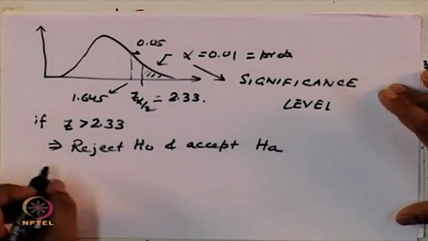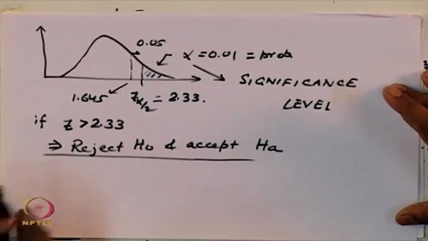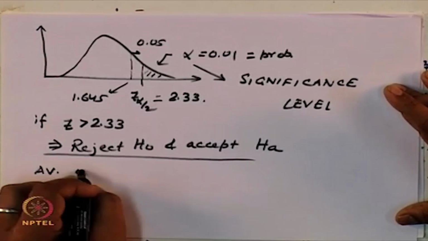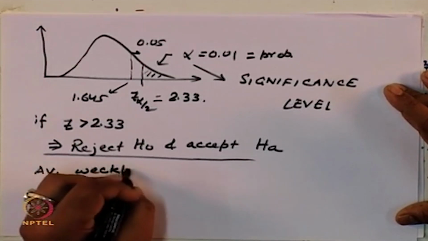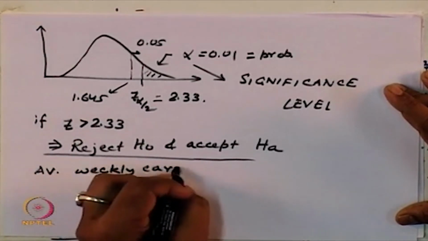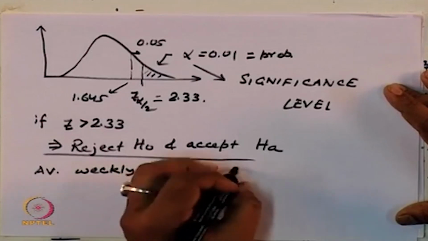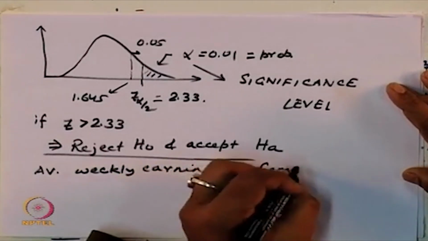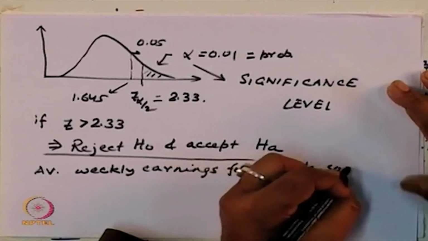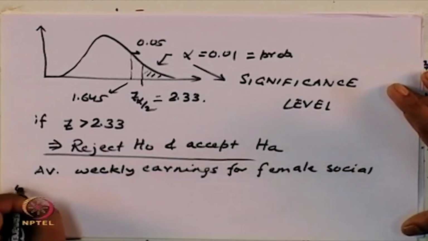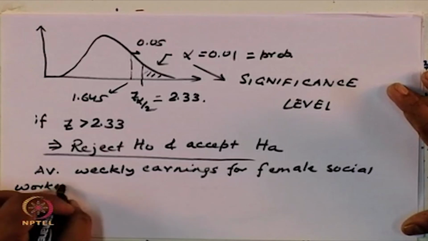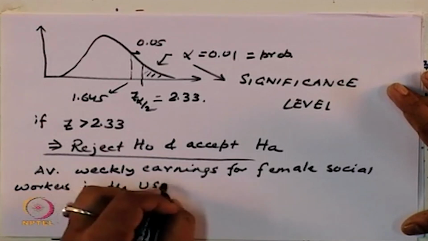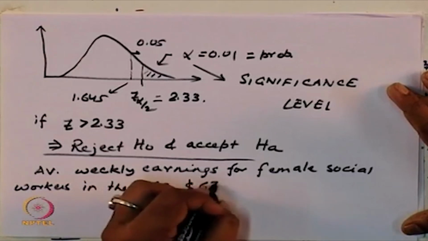Okay. So, let us take an example. The average weekly earnings for female social workers in the US is equal to $670.